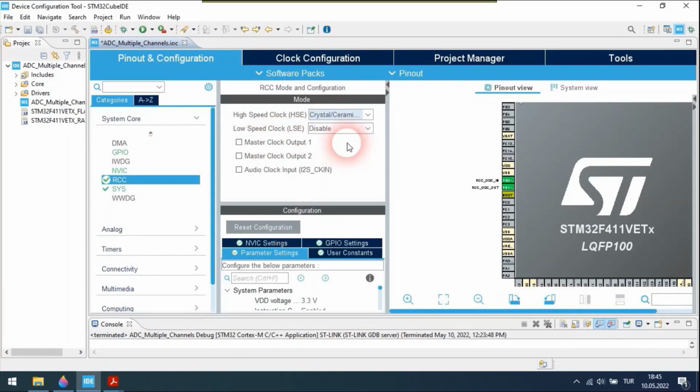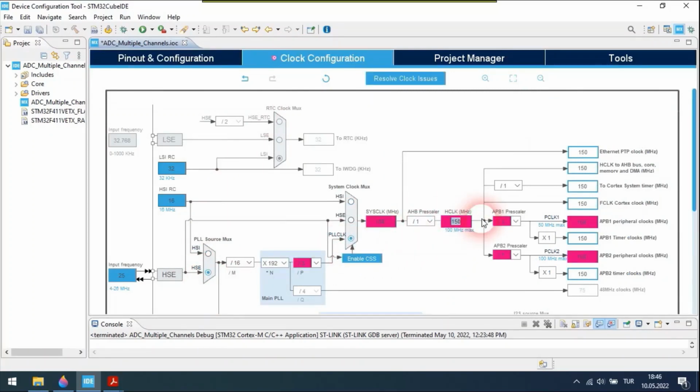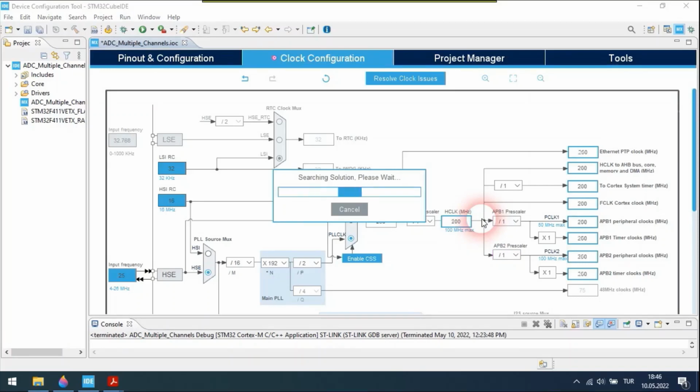Enable high-speed external oscillator. PLL source is external clock. System clock is 100 MHz now.